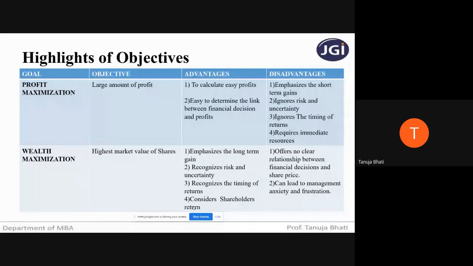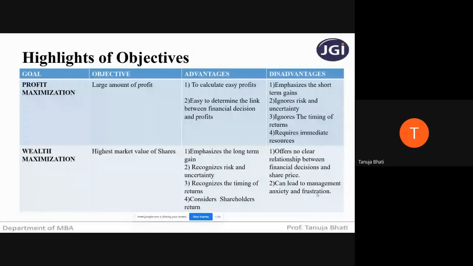Next, the disadvantages of wealth maximization are that it offers no clear relationship between financial decisions and share price, and can lead to management anxiety and frustration. Many times, students, even when a company has wealth maximization as its objective and makes various investment decisions, if those investment decisions fail, that can create a lot of management issues, anxiety, frustration, irritation, because the profit is not achieved, likewise the wealth is also not achieved.